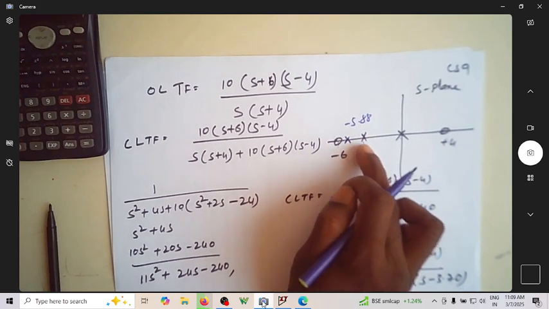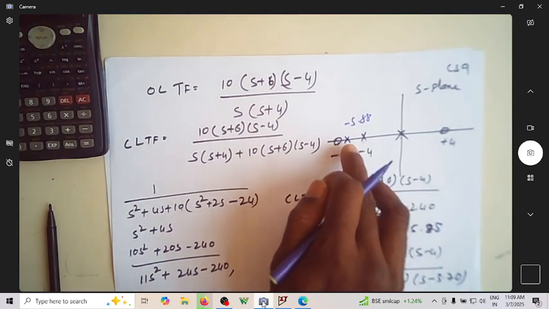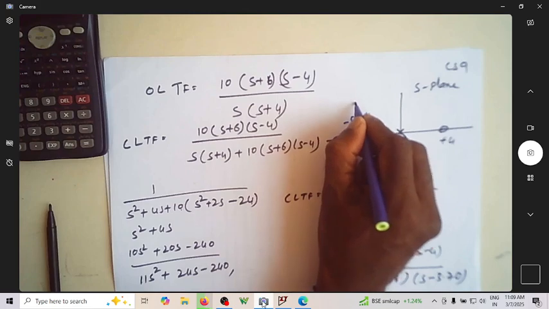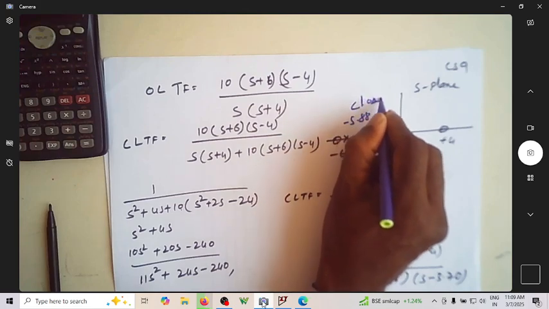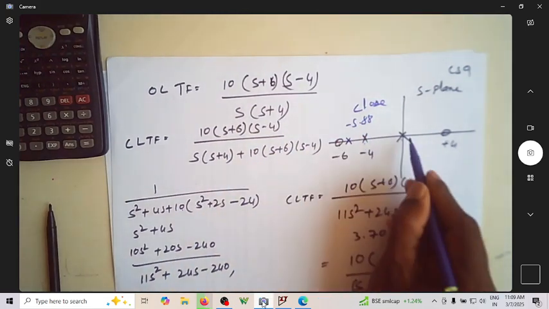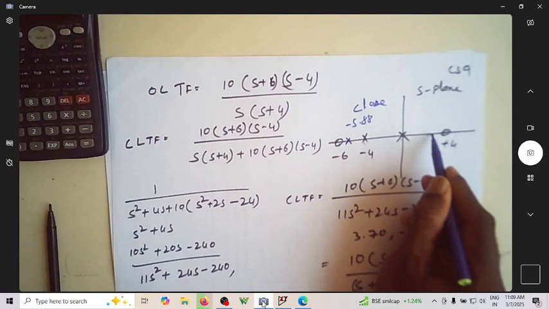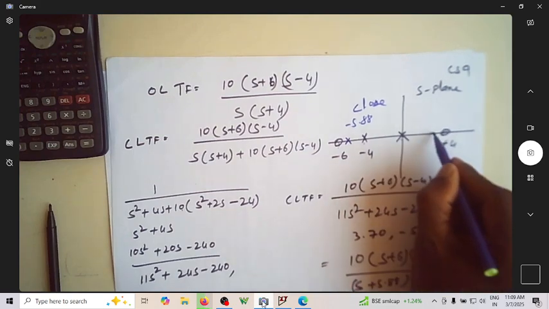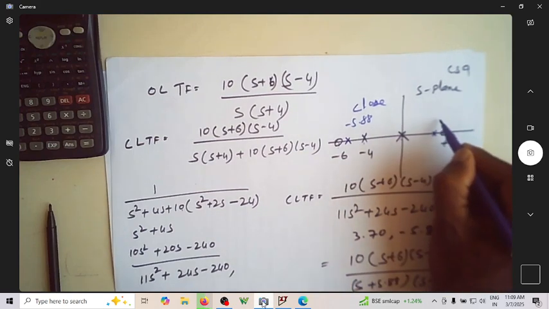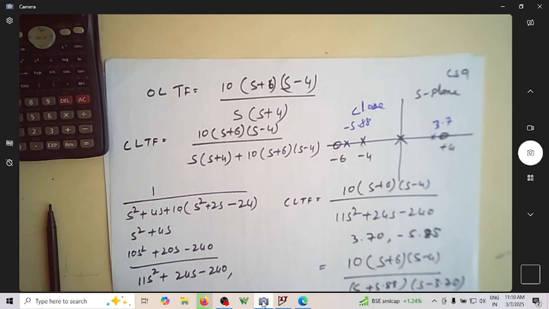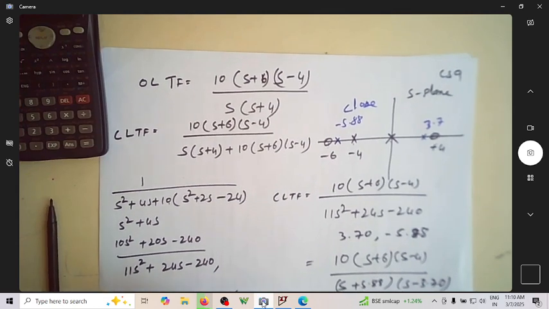This pole, which was the open loop pole, has moved to this position when you close the loop. How about the one at the origin? Now it has gone to the right hand side, sitting at 3.7. Is it not interesting?